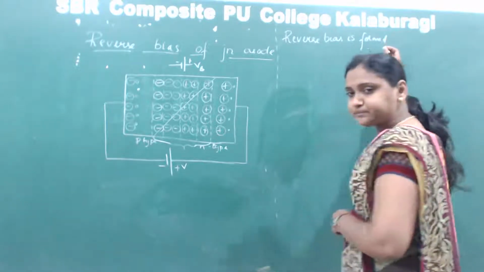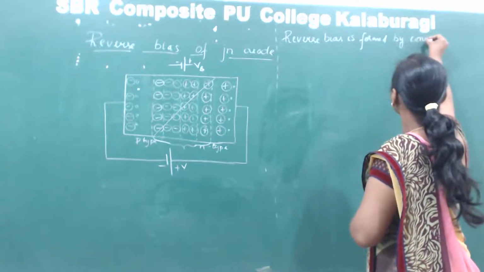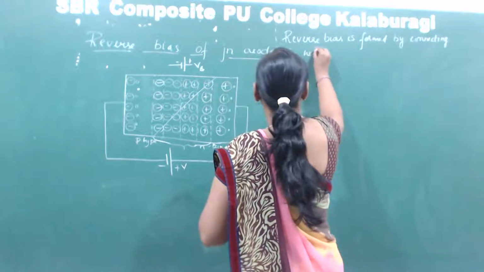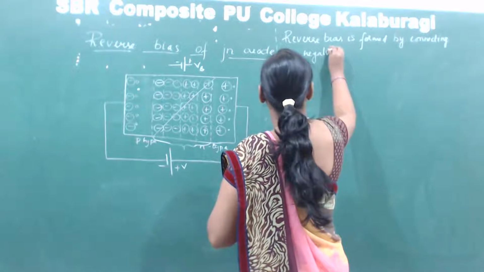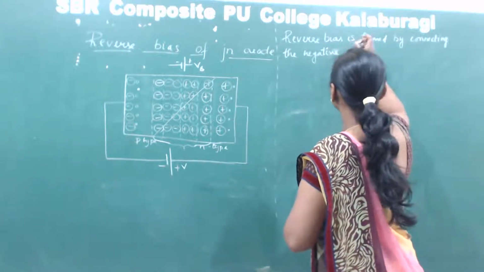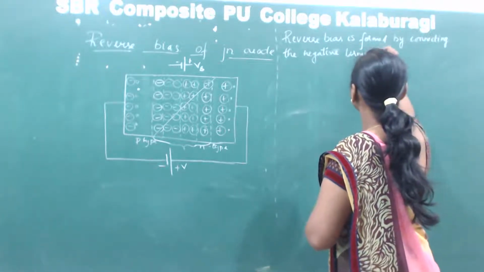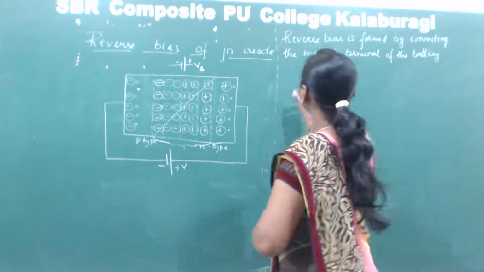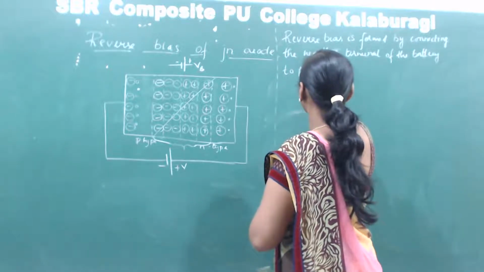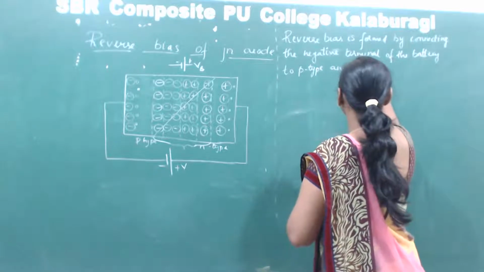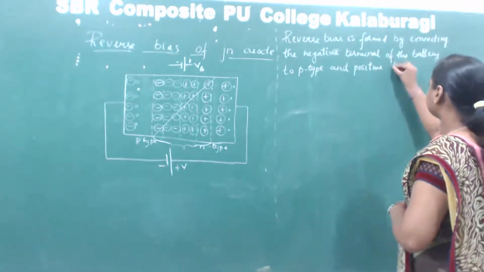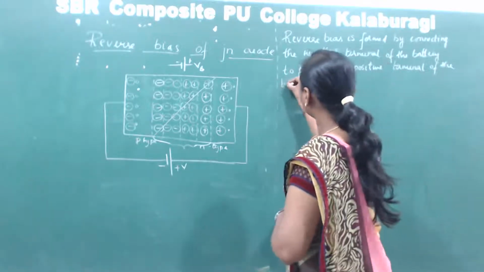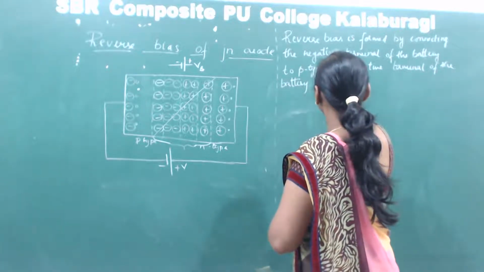Reverse bias is formed or established by connecting the negative terminal of the battery to P type and the positive terminal of the battery to N type.